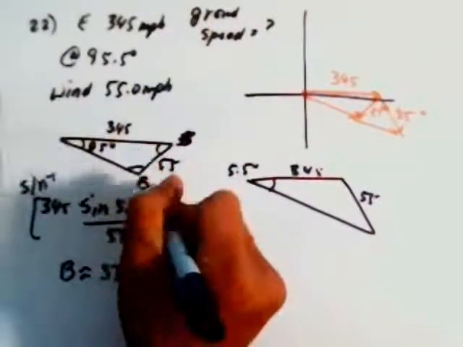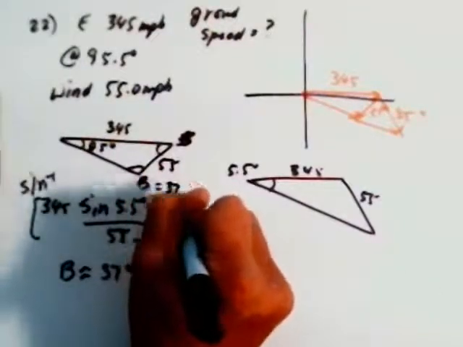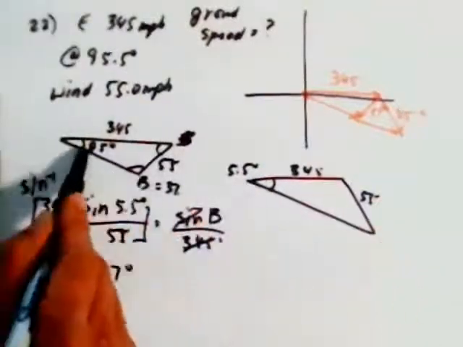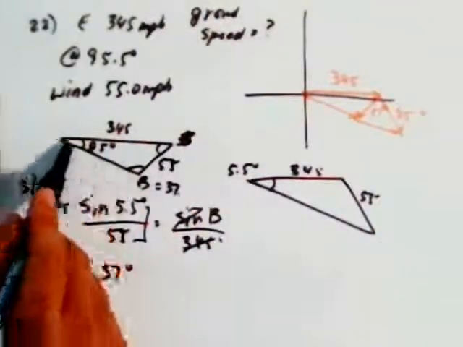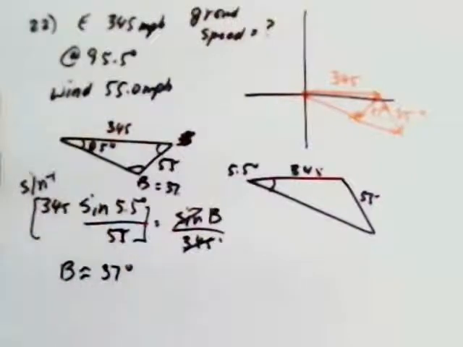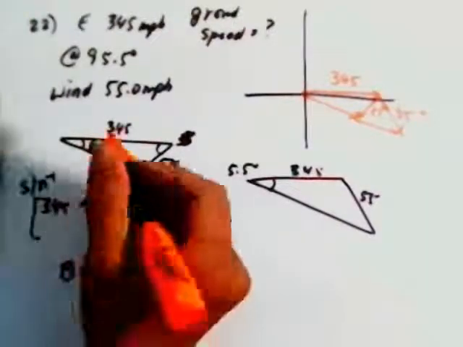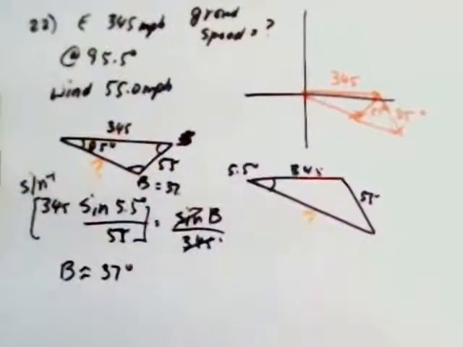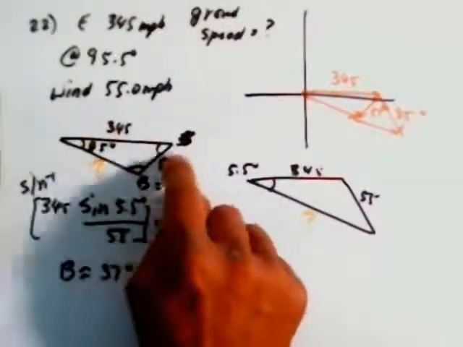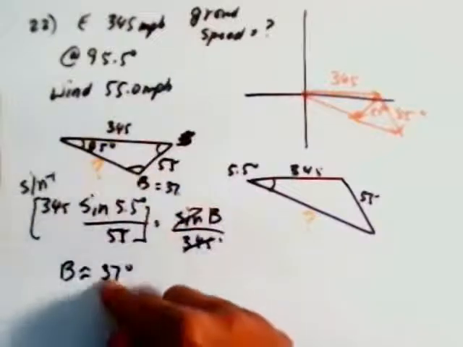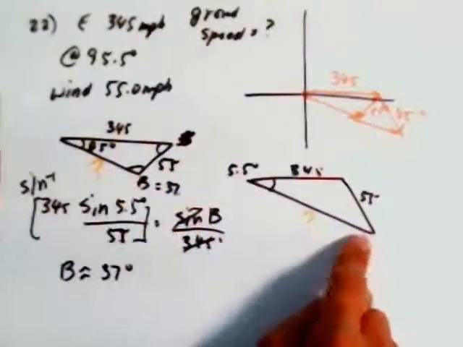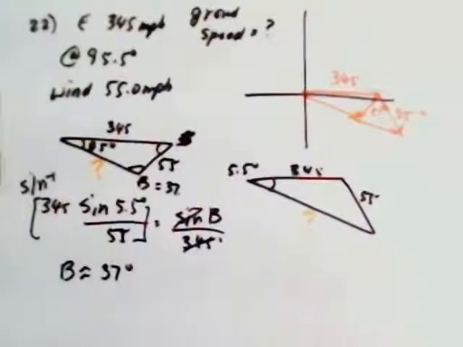And so that's 37. And you have to figure out what am I looking for? What this length is. So this is what I'm actually looking for. The ground speed here, the ground speed here. Since this is ground speed, this is actually going to be 37 degrees right over here.